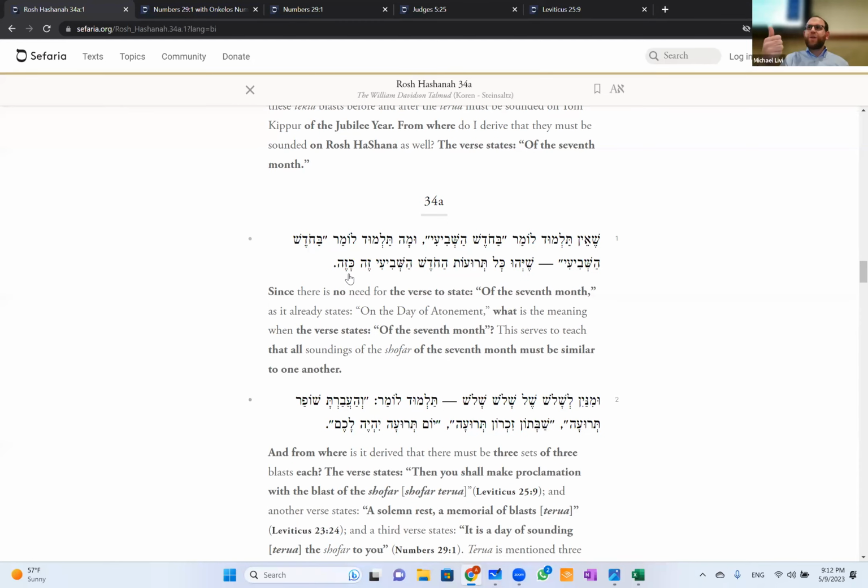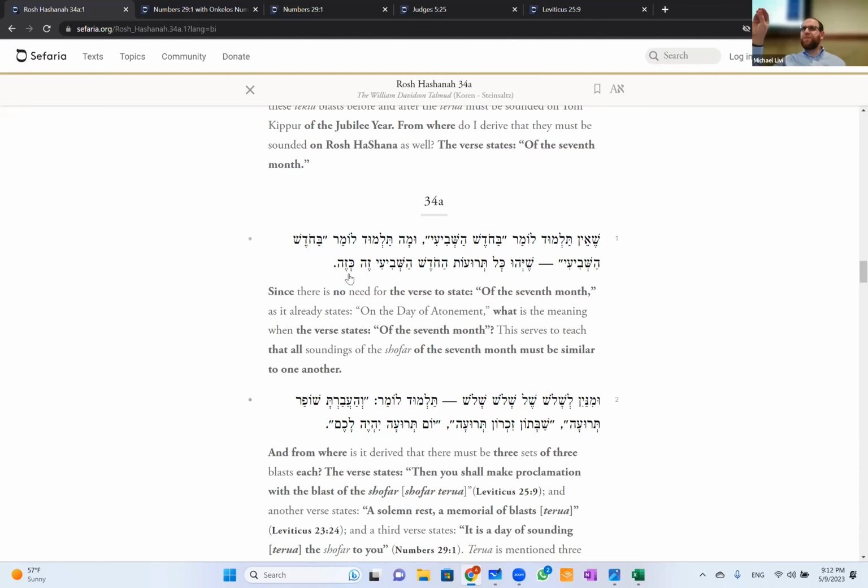Okay? The first thing we learn is, how do you know on Rosh Hashanah it has to be shofar? The answer is because Yovel says shofar. And it also says the word Shavi'i, which comes to teach you that all blasts of the 7th month should be shofar, extending it to Rosh Hashanah too. Next thing is tekiah before and after. You learn it from the section of Yovel, because it says v'ha'avarta and it says ta'aviru. You're blowing a sound, making a teruah, blowing a sound.